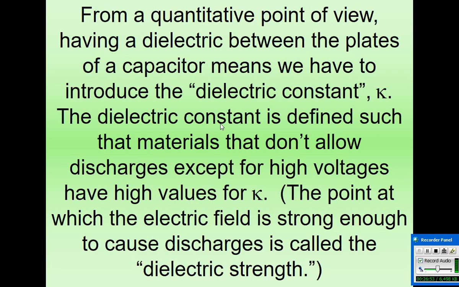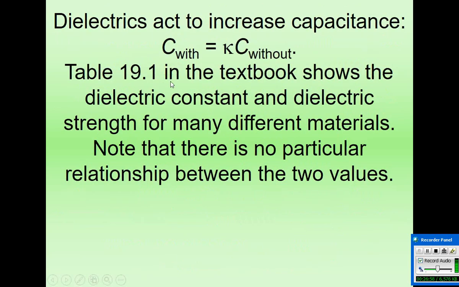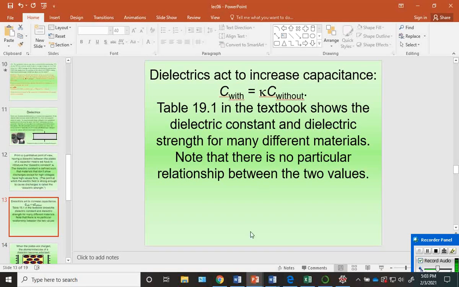It's simply a multiplicative factor. And the dielectric constant is going to affect the capacitance of a device. The capacitance of a device changes if I insert this dielectric material in between the plates. This dielectric material has a specific dielectric constant. Let me show you a little bit of what I mean about that.